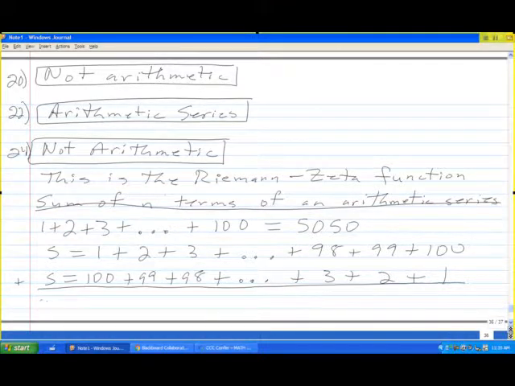S plus s is 2s. 100 plus 1 is 101. 2 plus 99 is 101. 3 plus 98 is 101. 98 plus 3 is 101. 99 plus 2 is 101. 100 plus 1 is 101. Notice that all these numbers are 101, and there are 100 of these.